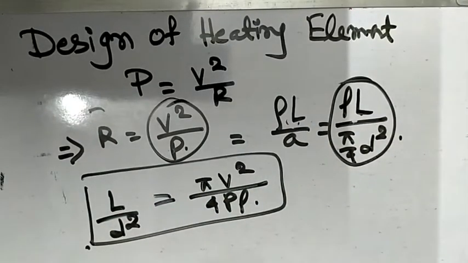So in the high temperature furnace, whatever heat is produced in the resistance of the element has to be radiated to the charge according to Stefan's law. So what is Stefan's law?